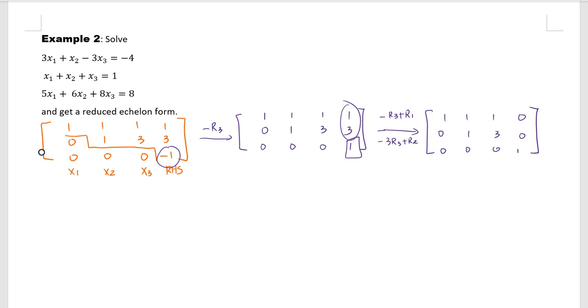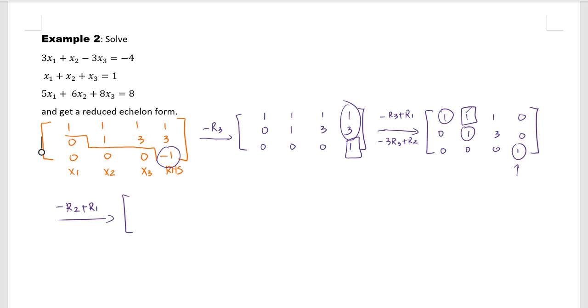Now you can see these are the leading entries, and each leading entry is the only non-zero entry in its column. The third column has no leading entry, so it's okay to leave it as it is. But we still want to kill this 1, 2 entry. We can use minus row 2 added to row 1.